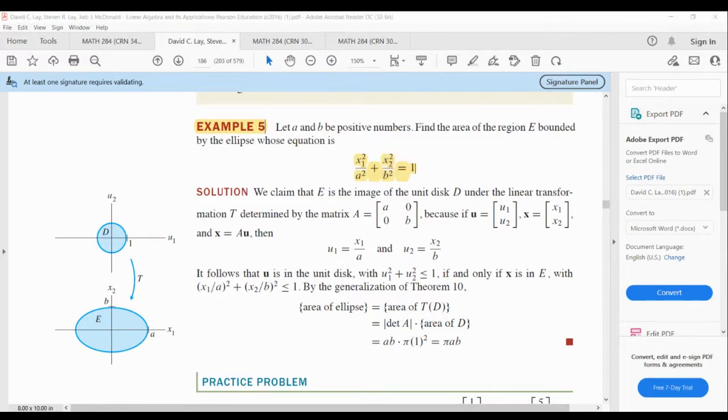That's what you have, and then you have a picture on the left here that has the ellipse, and they claim that E is the image of the unit disk under the linear transformation T determined by the matrix A.